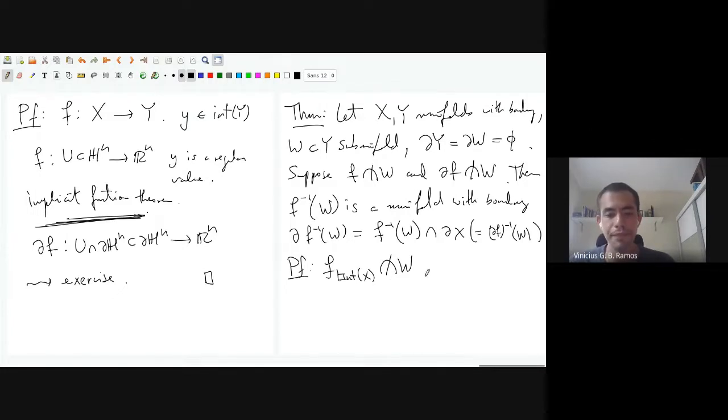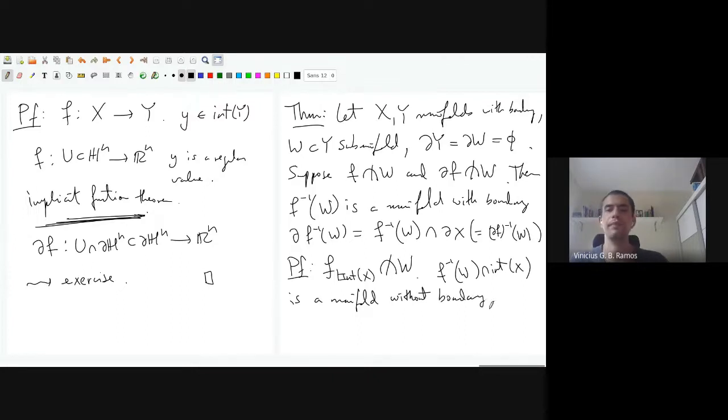So over here, we know that the intersection of W with the interior of X is a manifold without boundary. Okay, so the real question happens when you take a point on the boundary, of course.